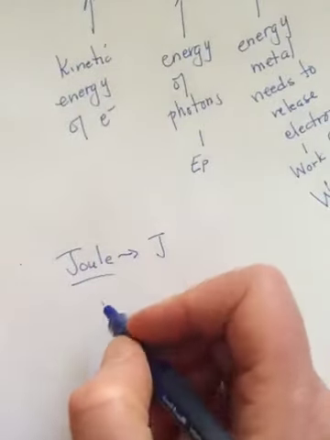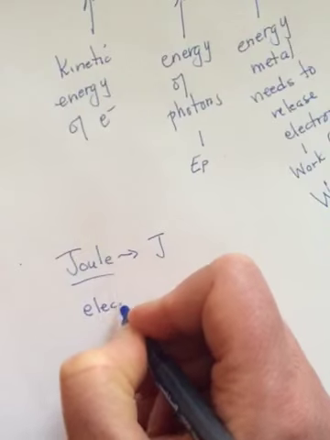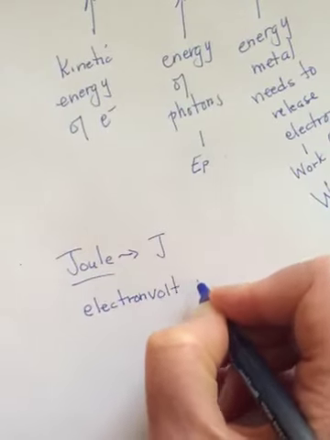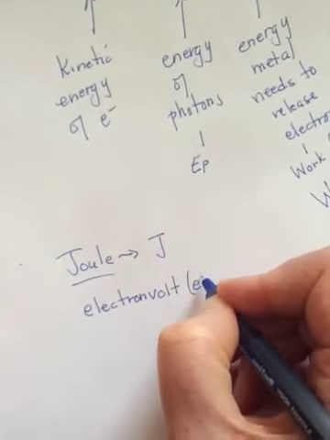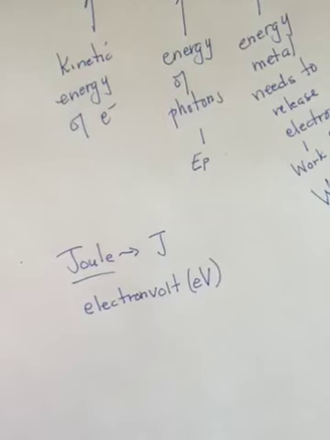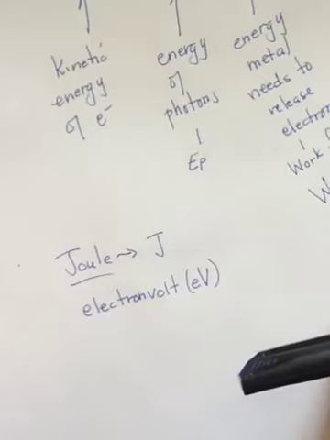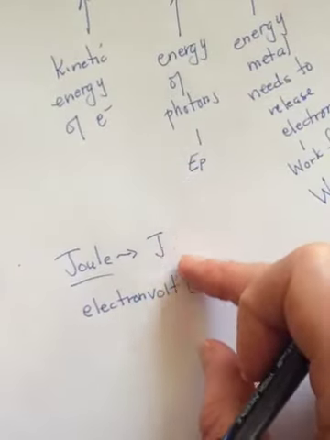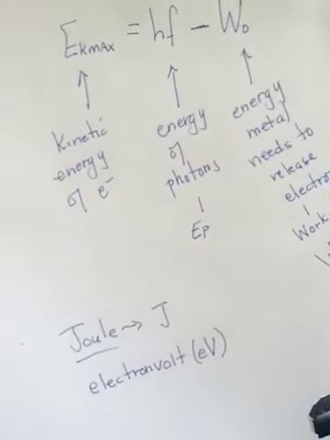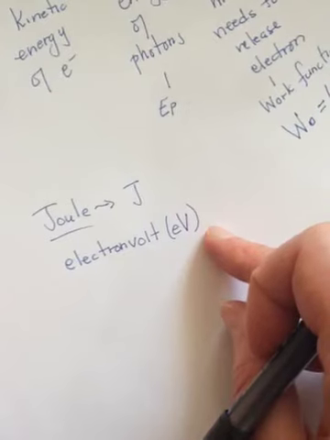And so instead, we often use a smaller unit that is called an electron volt. And its abbreviation is a small e for electron and a capital V for volt. It's a much more reasonable unit. It's kind of like using a kilometer to measure the width of a hair when we use joules for the energy that an electron is needing here to be freed. Okay, so an electron volt is a much better unit.